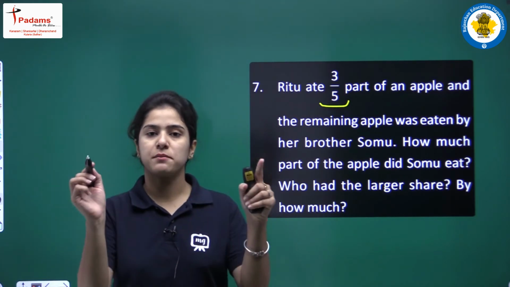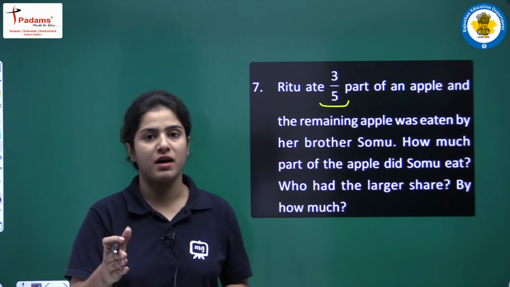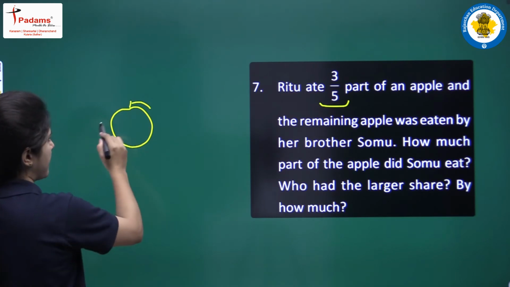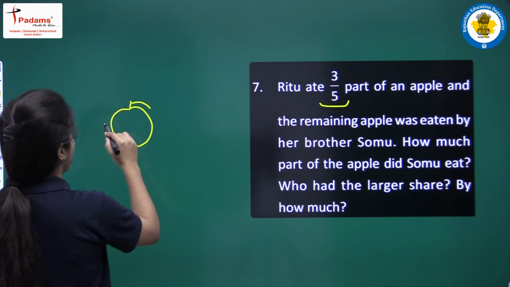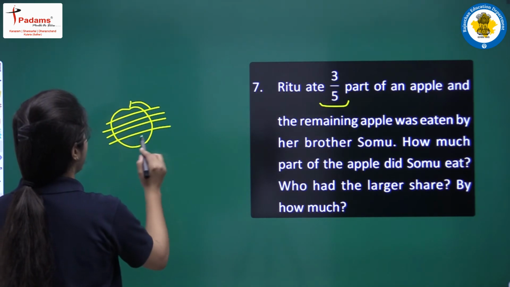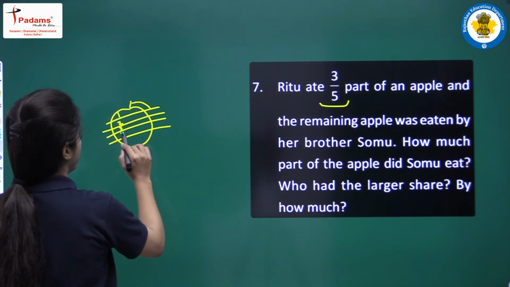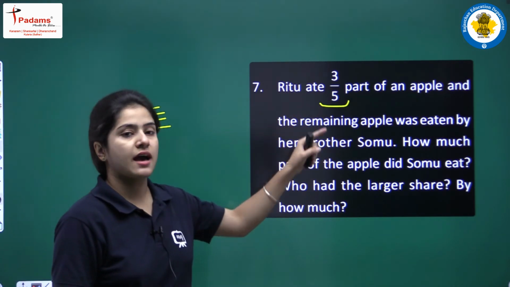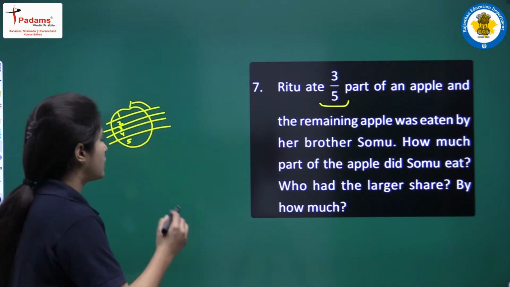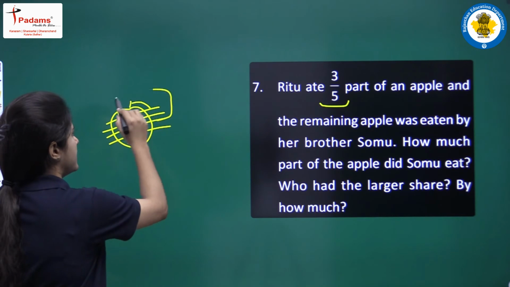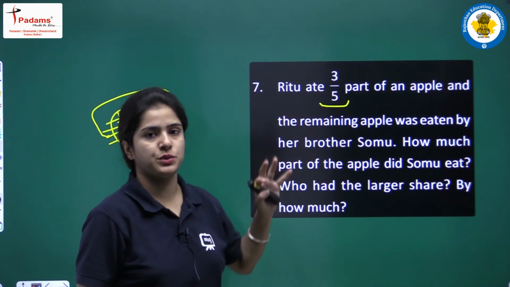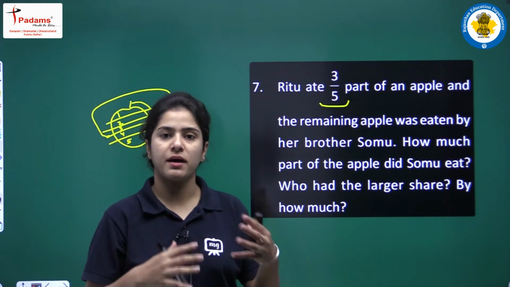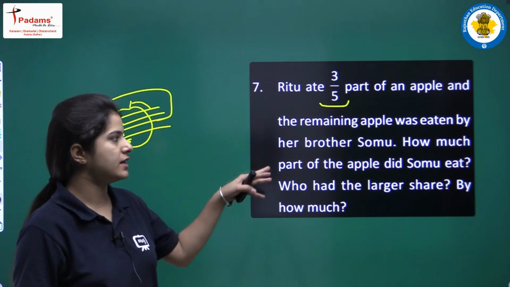That means if I divide a single apple into 5 equal parts, say 1, 2, 3, 4 and 5, then Ritu has 3 upon 5 parts, means 3 parts, 1, 2, 3, of the apple were eaten by Ritu, and the rest of the parts, that is the 2 parts, were eaten by Somu, her brother.